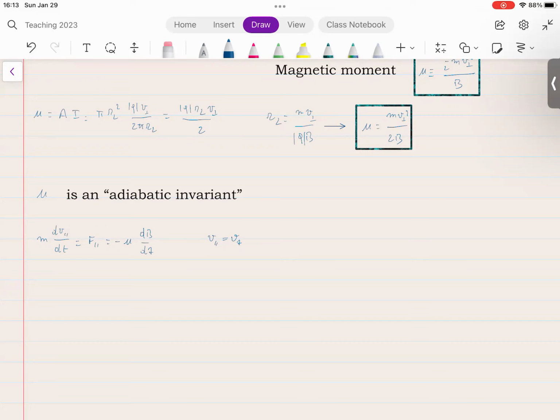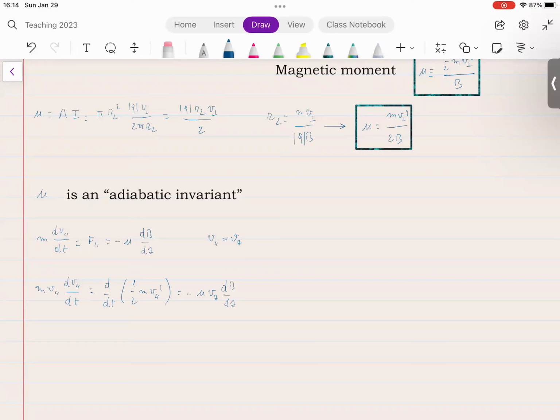So this is going to be correct only for small variations of the magnetic field. But still, we can see that mass times v parallel dv parallel, I'm sorry, dt, which is going to be the same as the derivative of the kinetic energy associated with the parallel motion, 1/2 of mass times v parallel square, is going to be equal to minus mu, I'm going to use Vz here, dB dz.